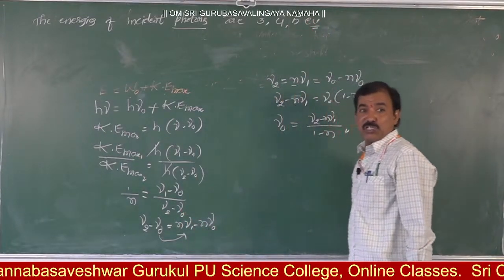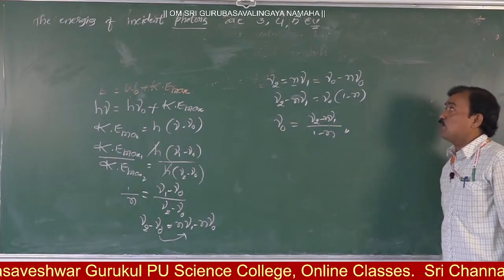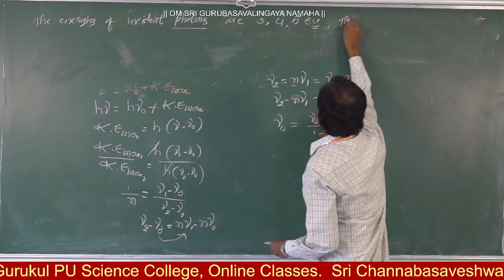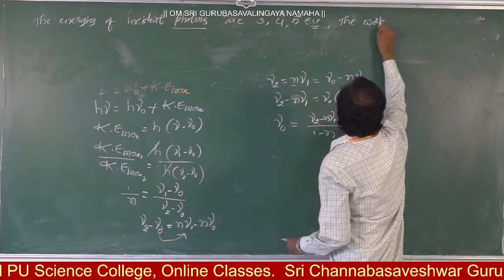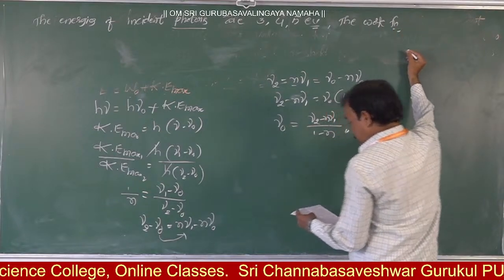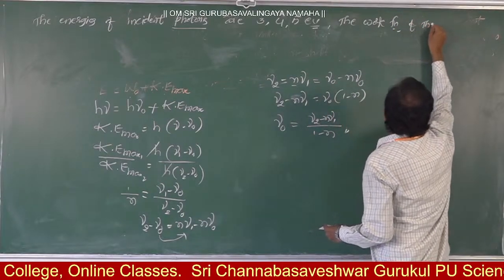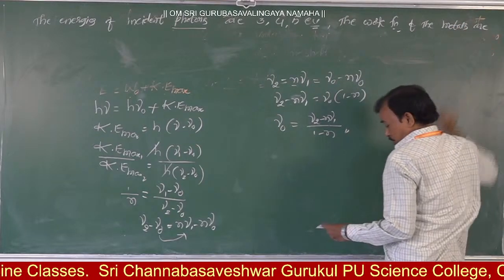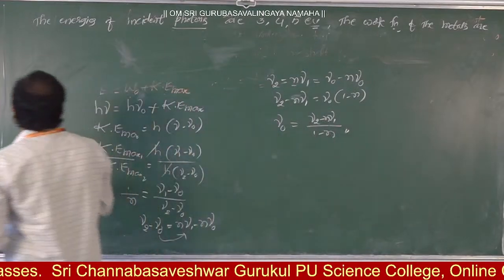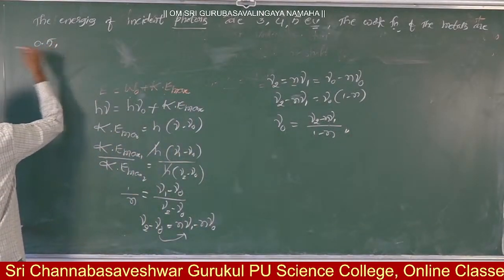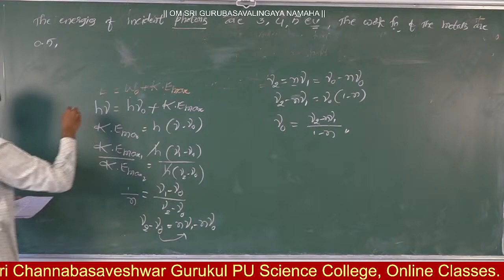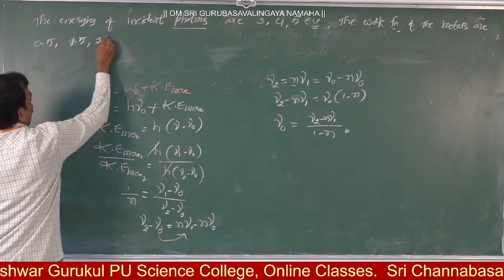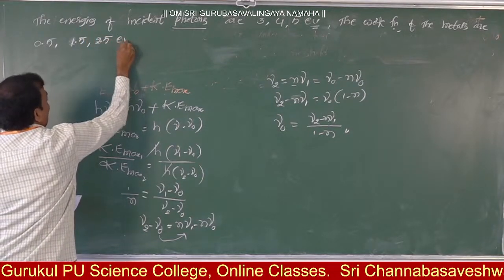The energy units are given in electron volt: 3, 4, and 5 electron volt. And the work functions of the metals are 0.5, 1.5, 2.5 electron volt.